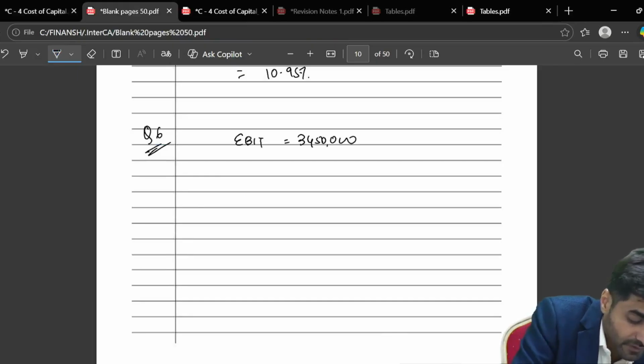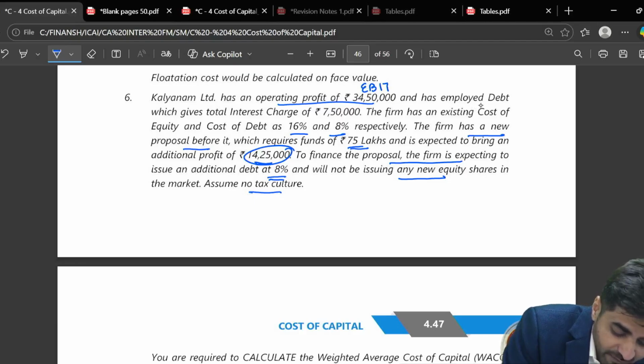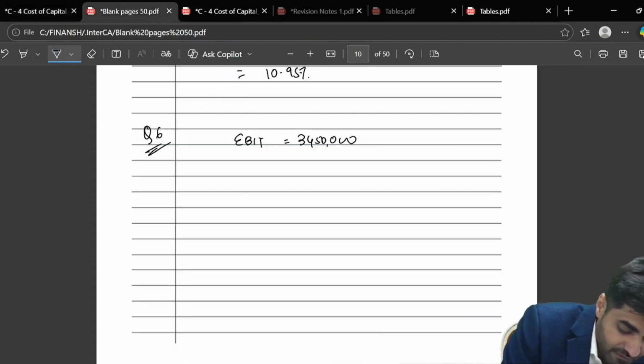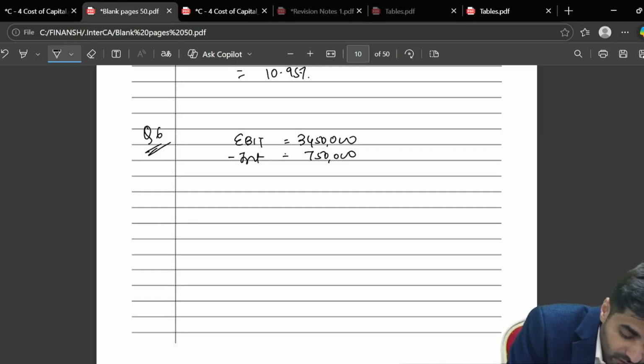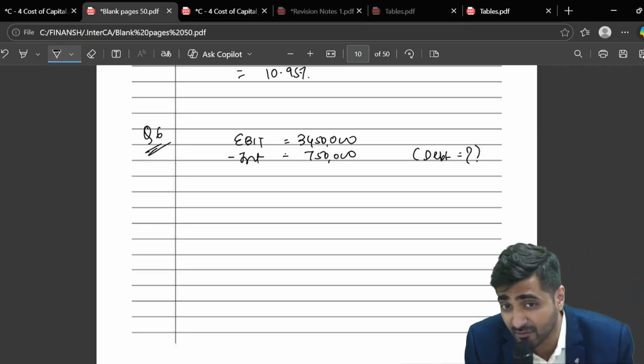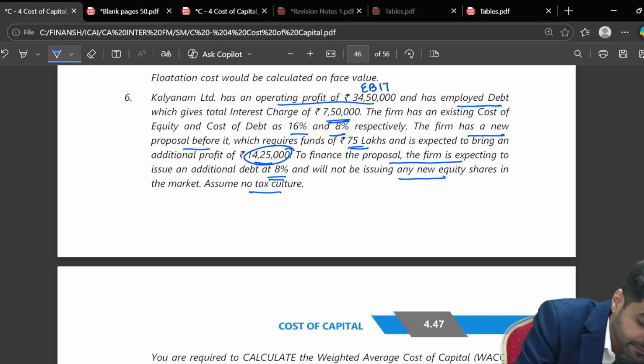And at the same time, they have employed a debt which gives an interest charge of 7 lakh 50. So we have the interest charge which is 7 lakh 50. But do you have the amount of debt available? I'm asking you, do you have the amount of debt available? There is no debt till now.